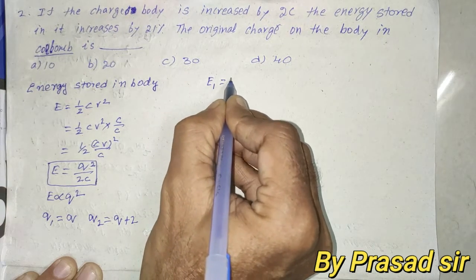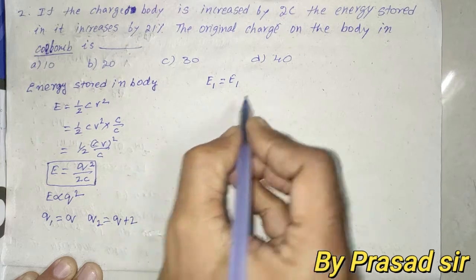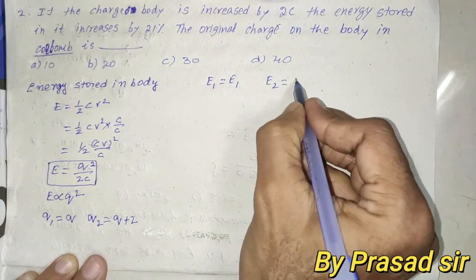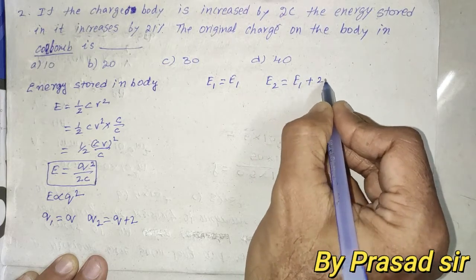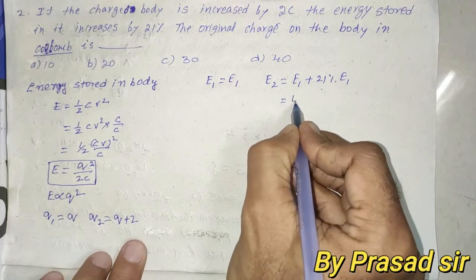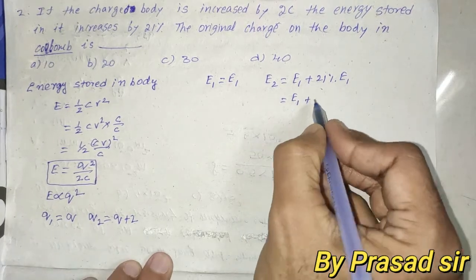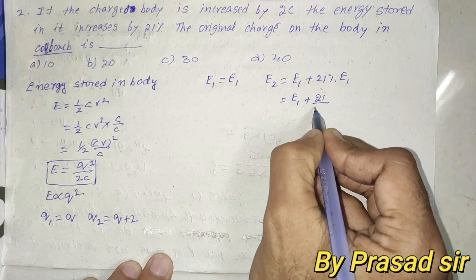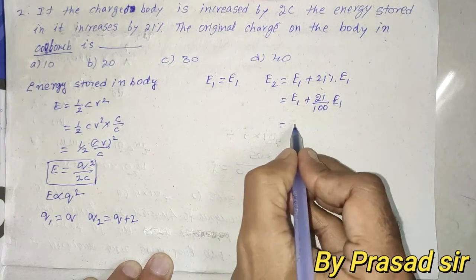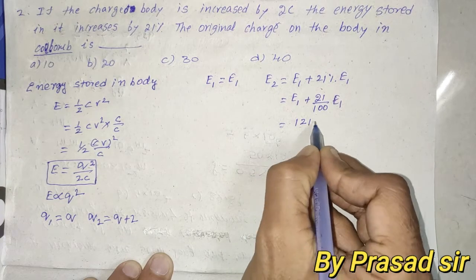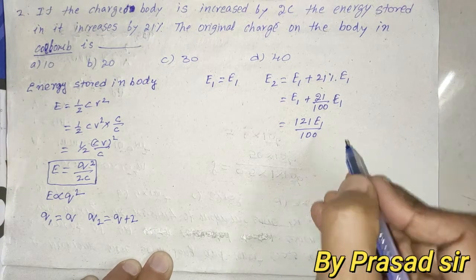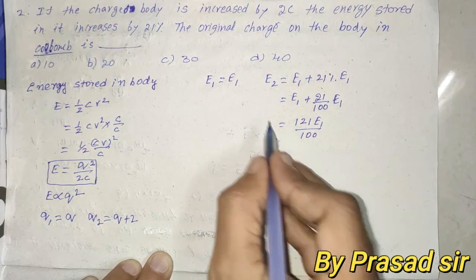E1 is equal to E1 and E2 is equal to E1 plus 21% of E1. That is E1 plus 21 by 100 times E1. On calculation, 121 E1 divided by 100. So this is the E2 value.